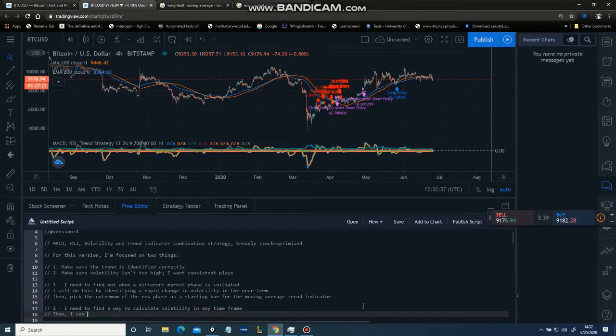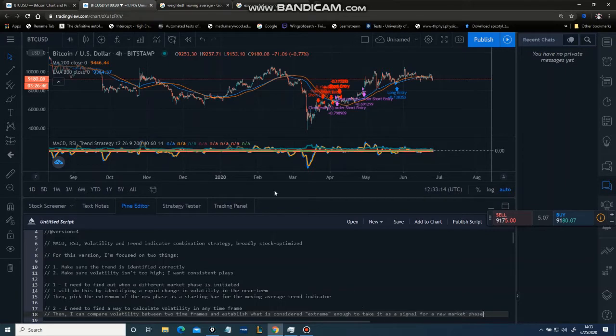Then I can compare volatility between two time frames and establish what is considered extreme enough for a new market phase.